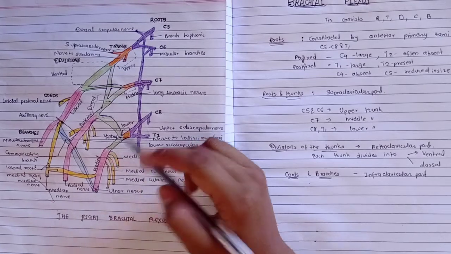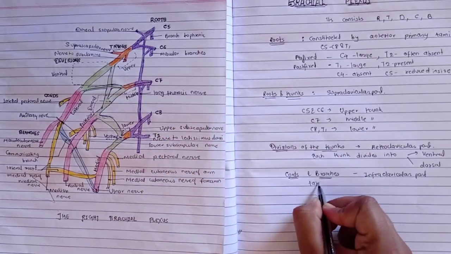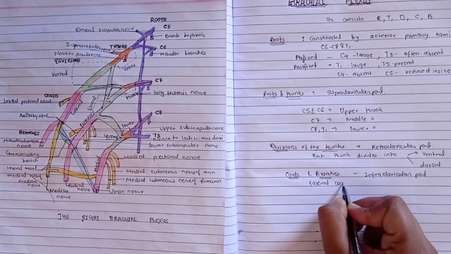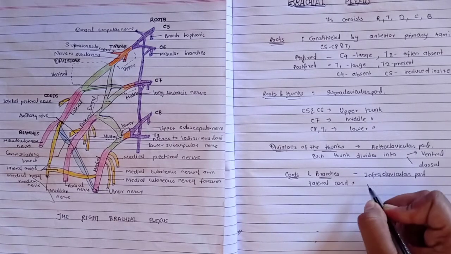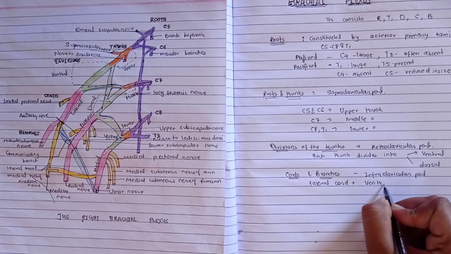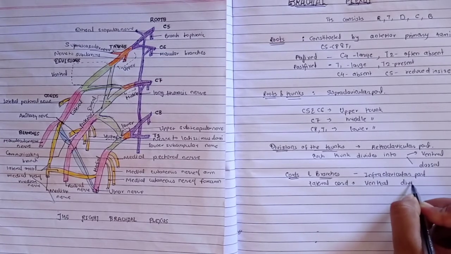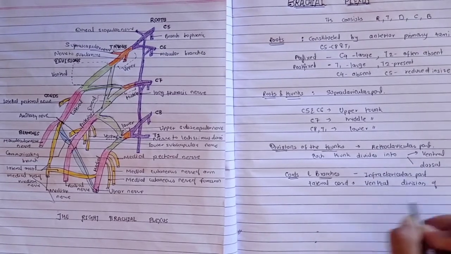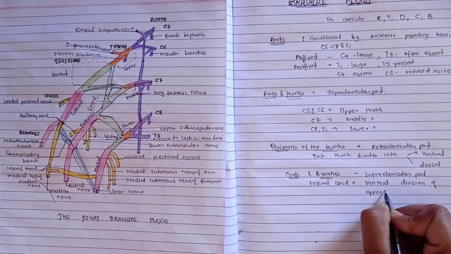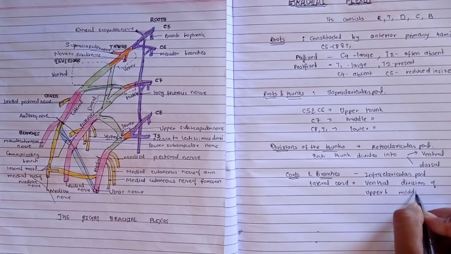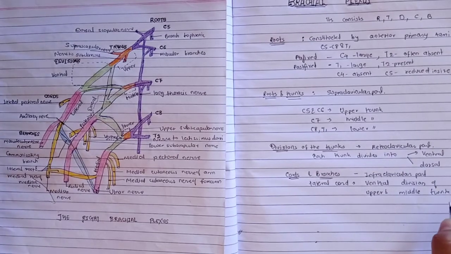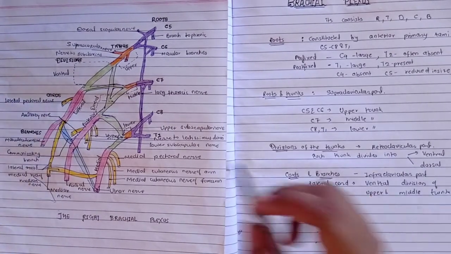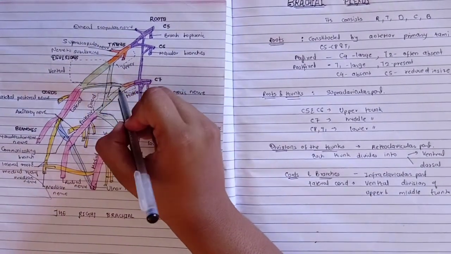The lateral cord is formed by the ventral divisions of the upper and middle trunks.